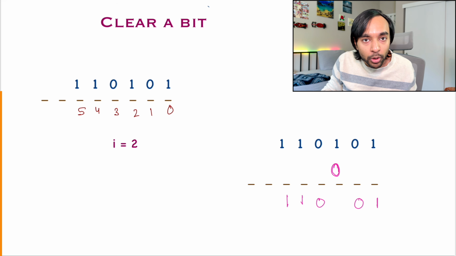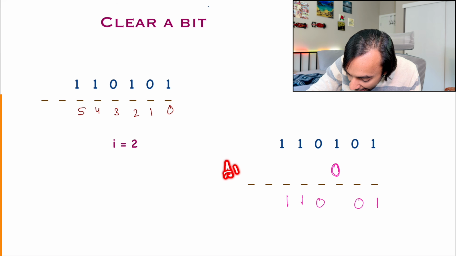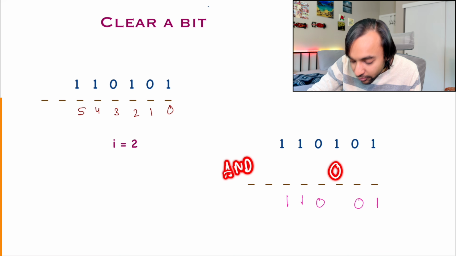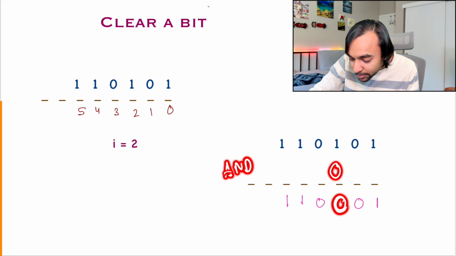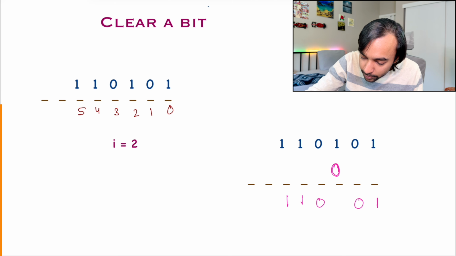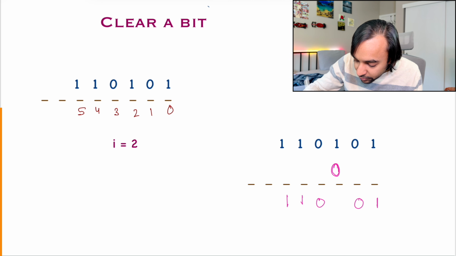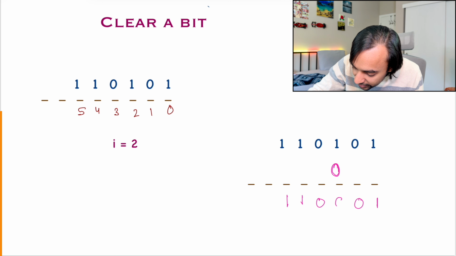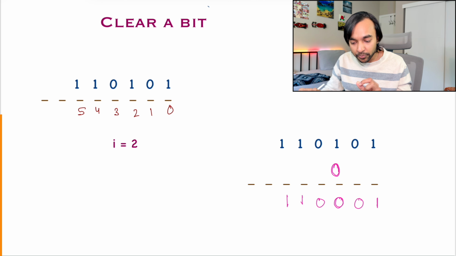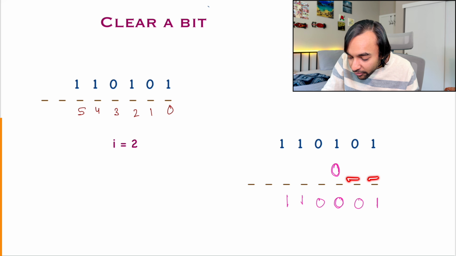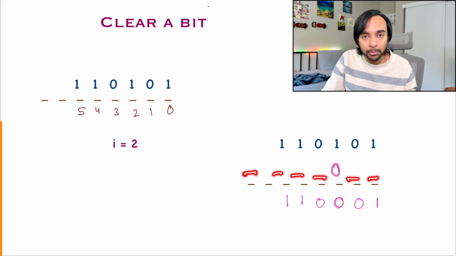The value will be 0, correct? So if I have an AND operator over here and I have the value 0 here, then this bit will be cleared out. So one thing is very sure, I will have 0 over here and this way the result will also have 0.